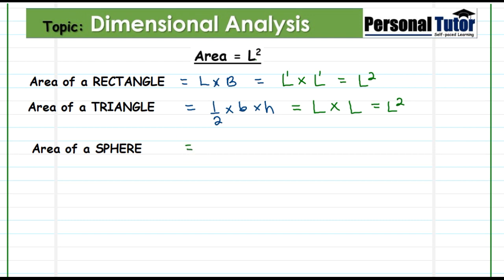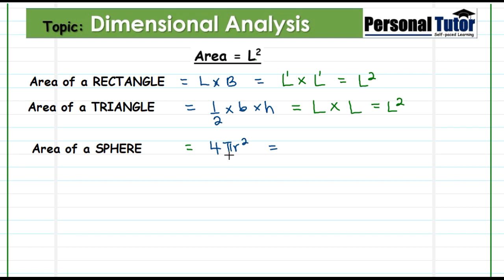Mathematically, the area of a sphere is 4 pi r squared. Great. With this, we have to express each quantity in their symbol as a dimensional equation. 4 is a number, and numbers are dimensionless, hence ignored.